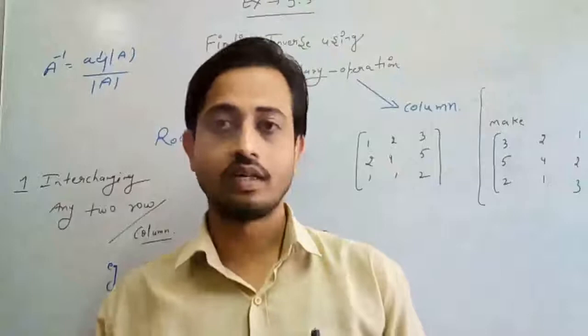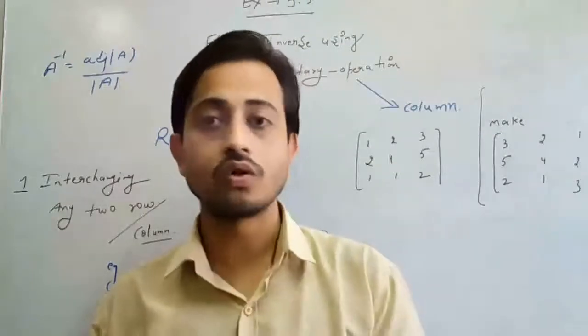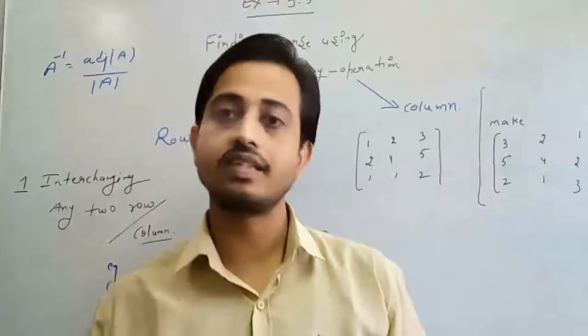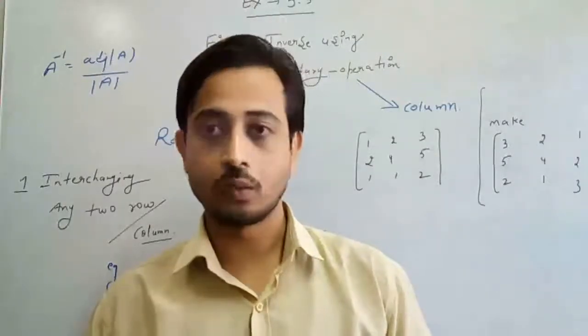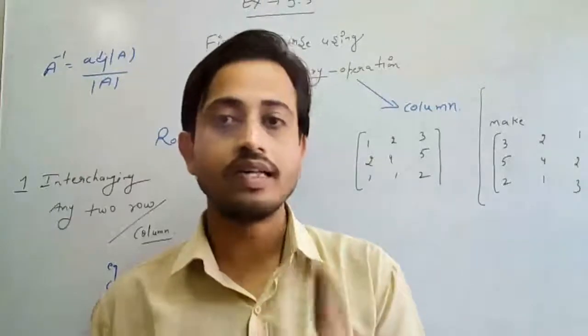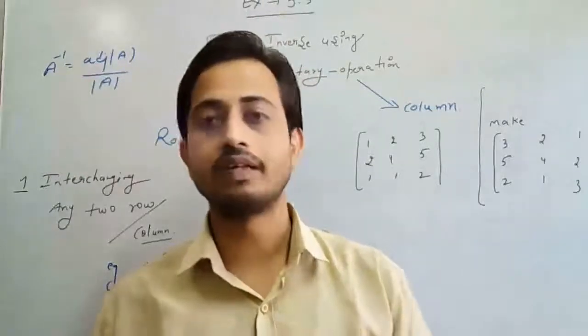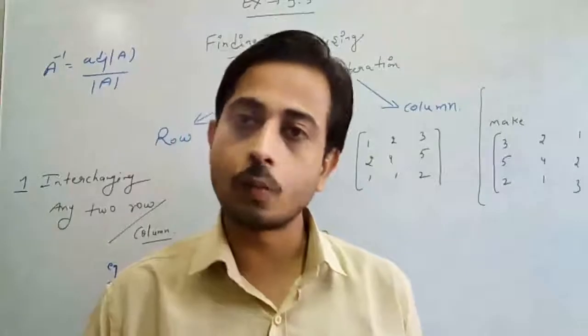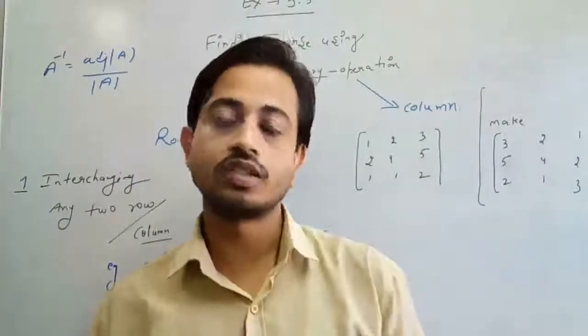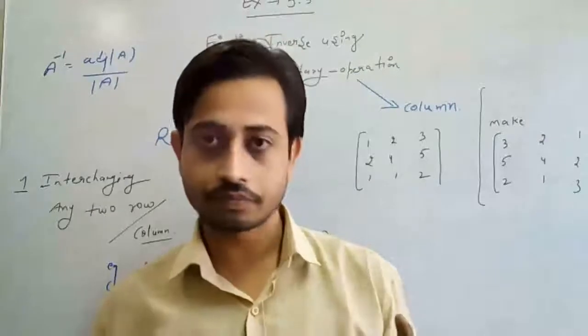It's your choice, but if the question asks you to use row elementary operations, then it is necessary to use only row operations. Don't try to mix rows and columns in a single question. Do it separately. Either use row elementary operations or column elementary operations, then the question becomes very easy.